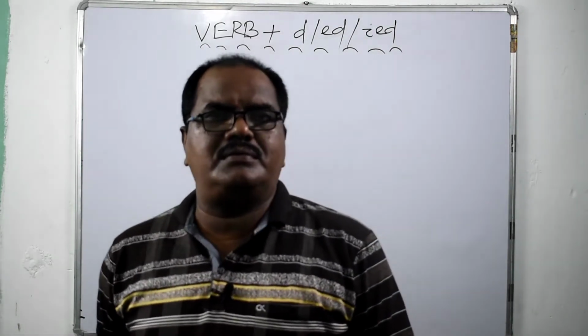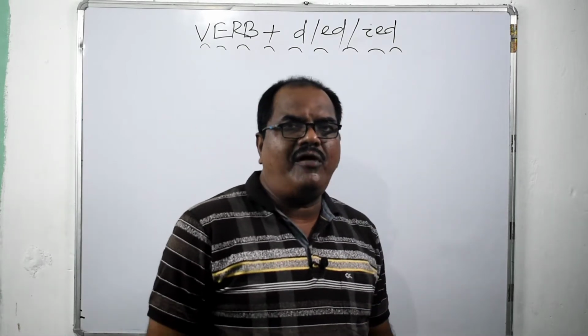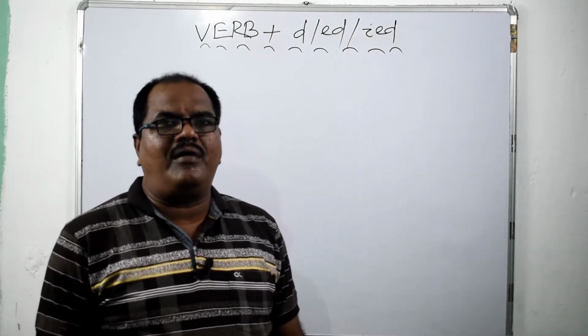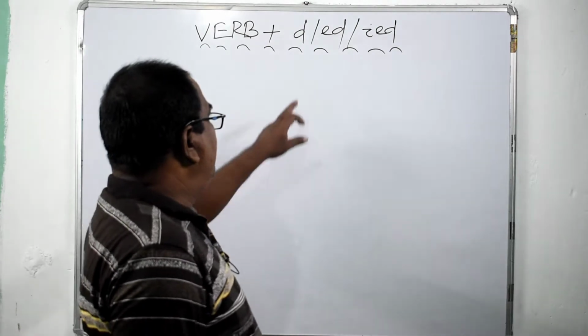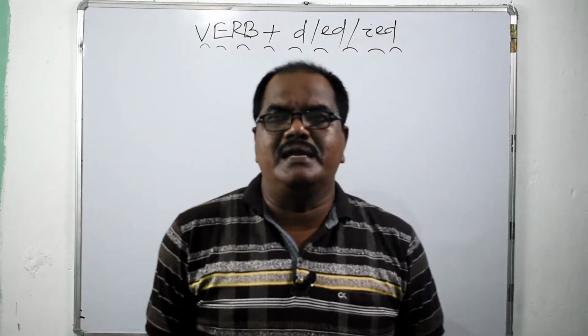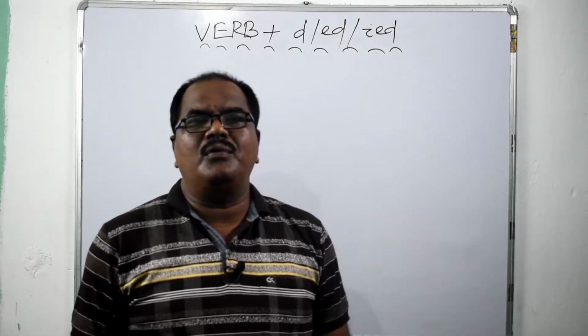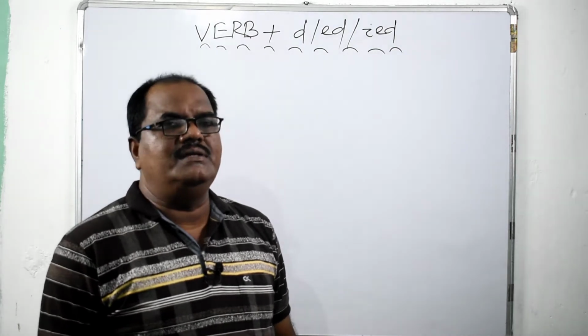Today we will discuss how to form the different forms of a regular verb by adding d, ed, or ied. Before going to discuss these, we have to know what a regular verb is.